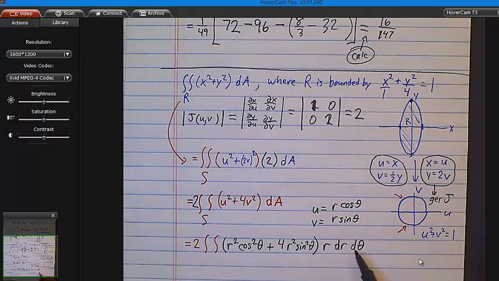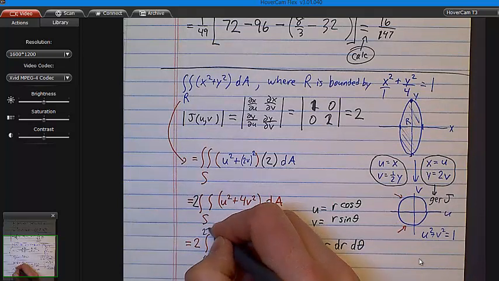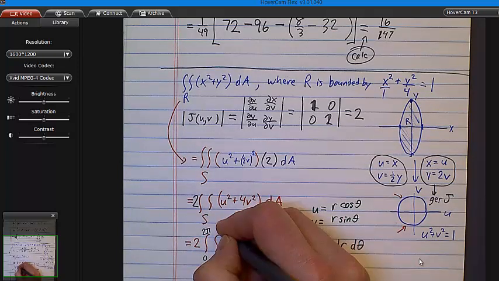And now, let's see what we're integrating from where to where. Well, the thetas, I like to work outside in, would go from 0 to 2 pi, right? And what about r's? I guess that's just 0 to 1, right? So that's kind of nice.